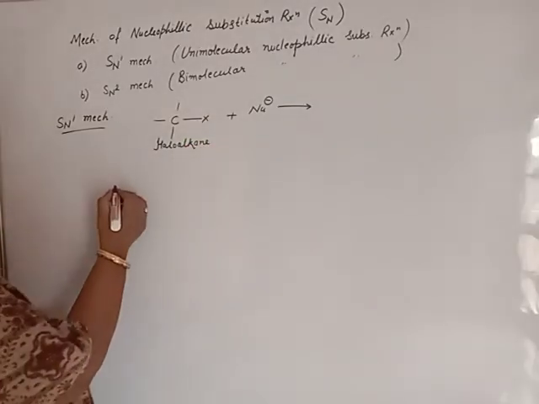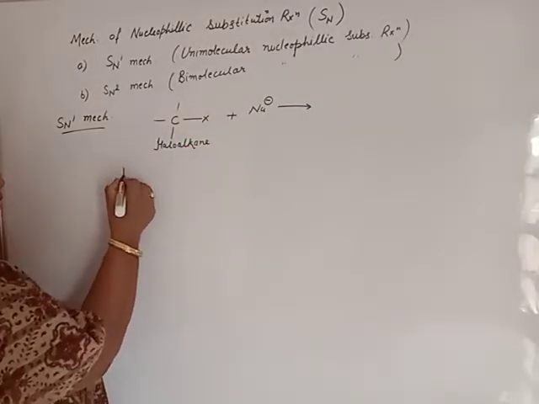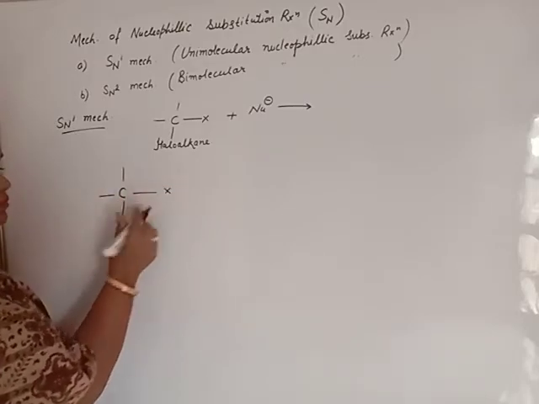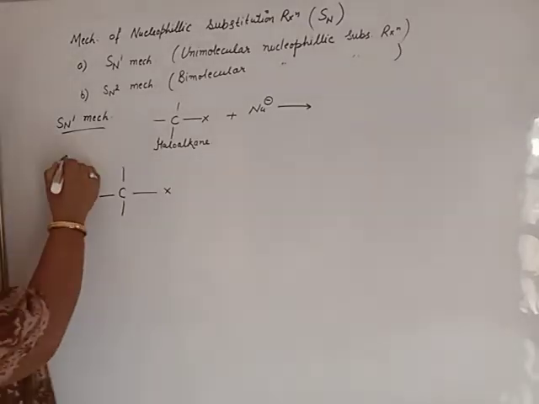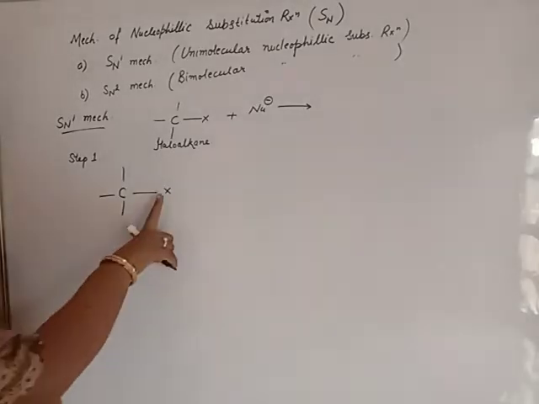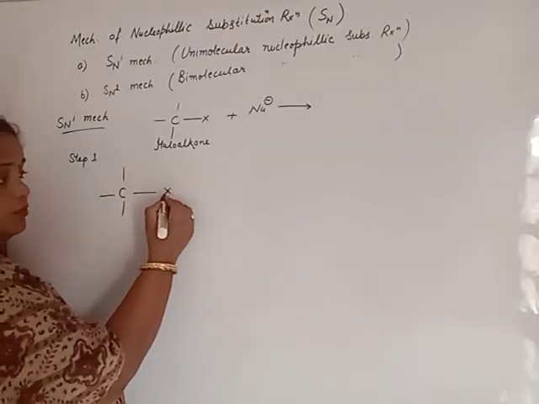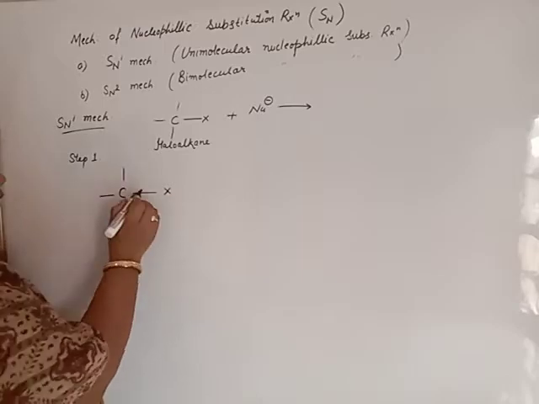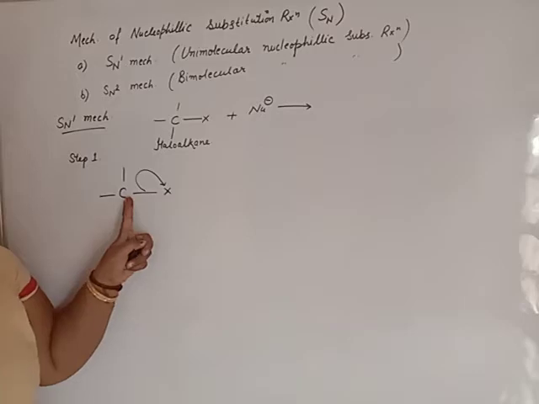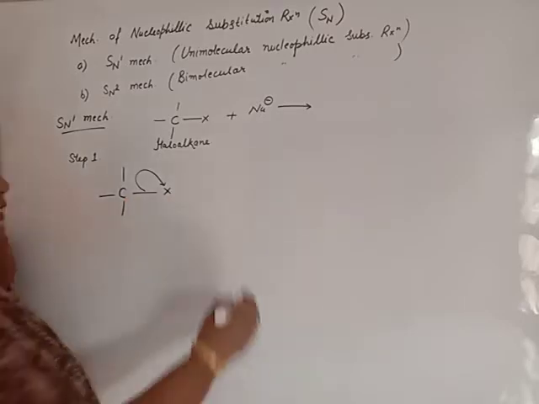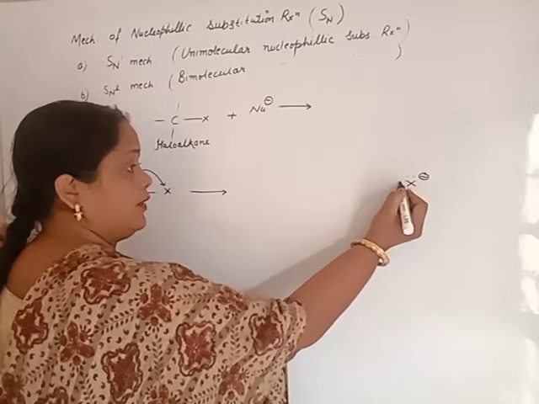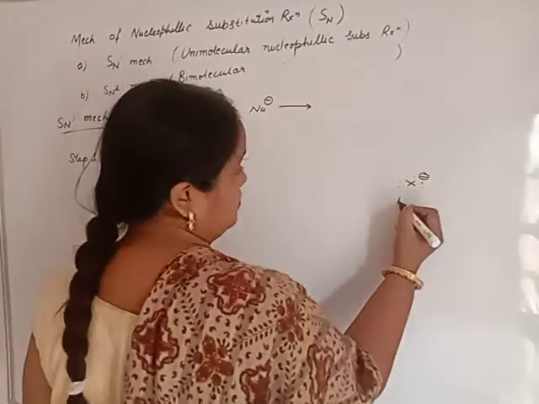That means step 1, in this haloalkane, due to more electronegative nature of halogen, halogen pulls the electrons from carbon towards itself and leaves as leaving group.